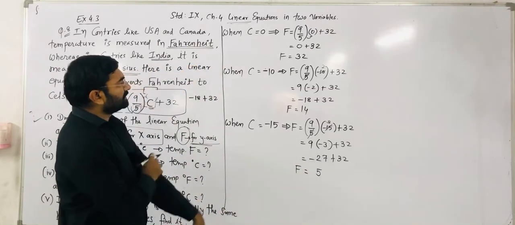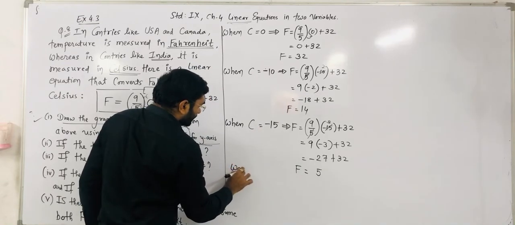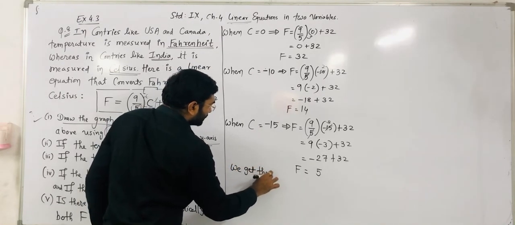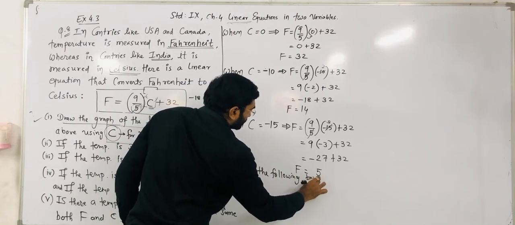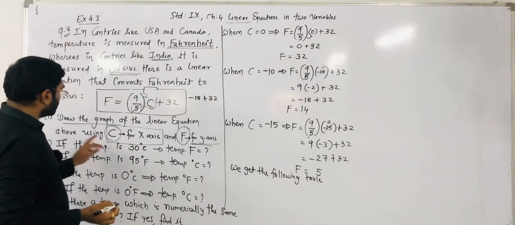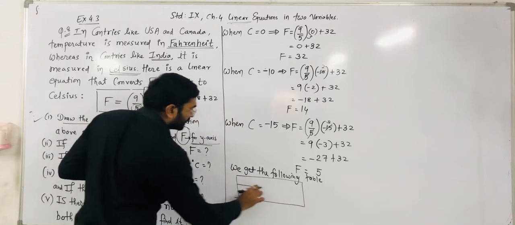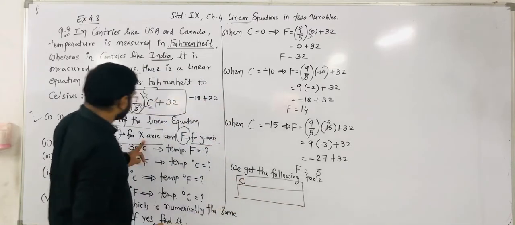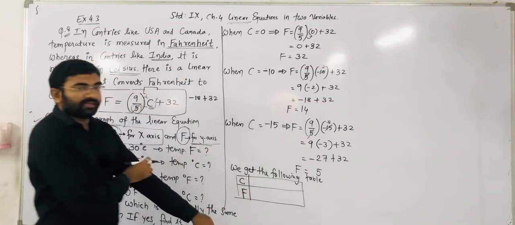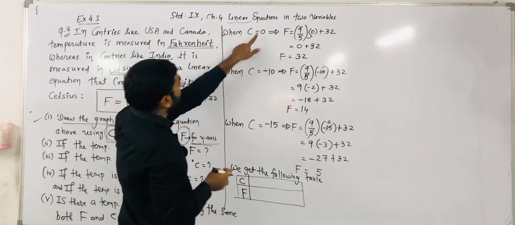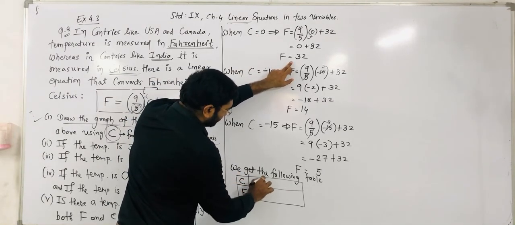Okay, so we have taken 3 values. Now from these 3 values we have to define the table. We get the following table. As they say in question number 1, Celsius we have to take on the x-axis, so in the table I define Celsius here. On the y-axis we write Fahrenheit. When the first Celsius value is 0, we get the Fahrenheit value as 32.